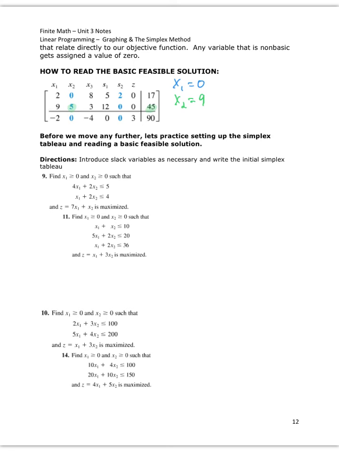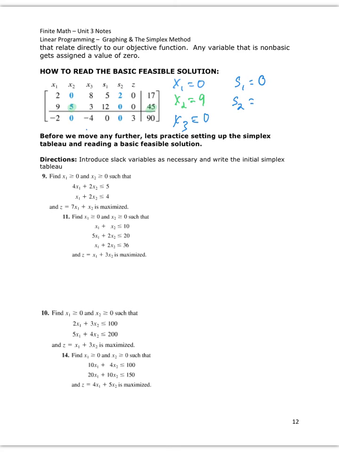Okay, so let's go to the next column, and I notice that x3 has a bunch of non-zero numbers in it, so I'm just going to assign it a value of 0. S1 also has a couple of non-zero numbers in it, so I'm going to assign it a value of 0.